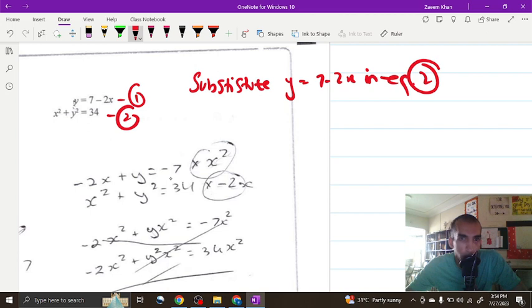Are you familiar with this method? Substitution, yeah. I think so. So wherever you see y in the second equation, you are supposed to write this entire thing in place of y. So take a look.